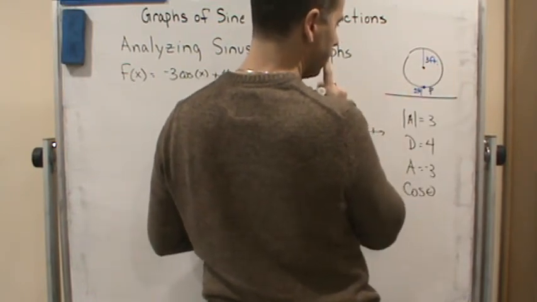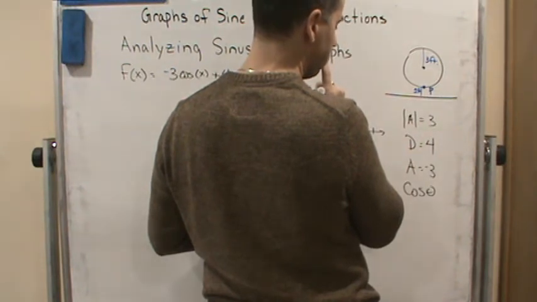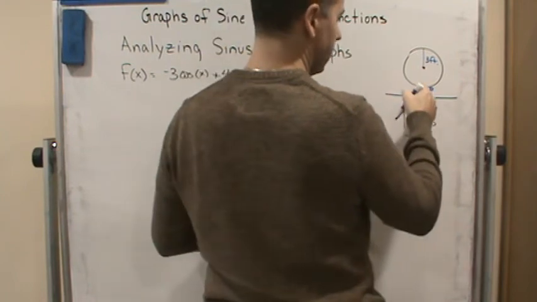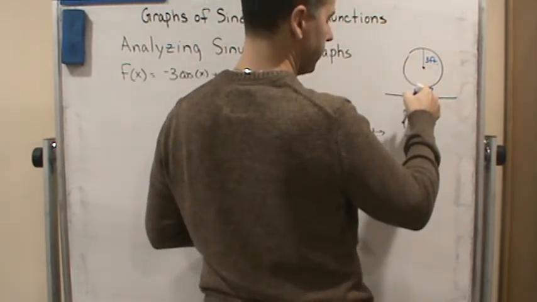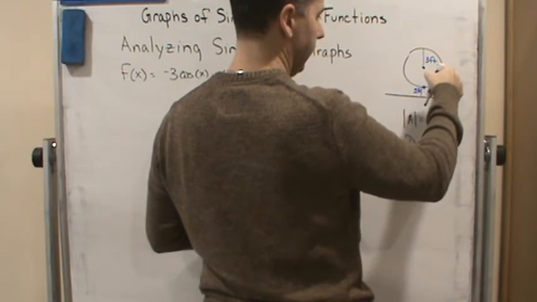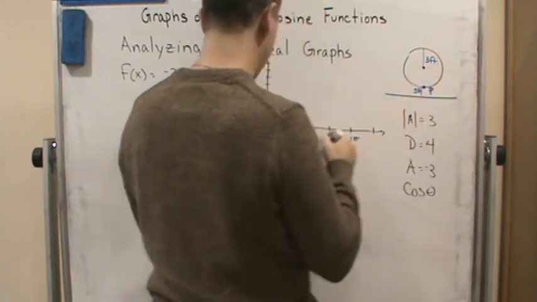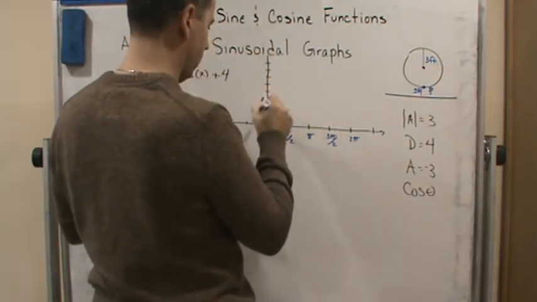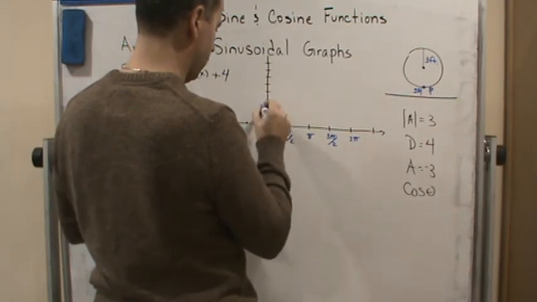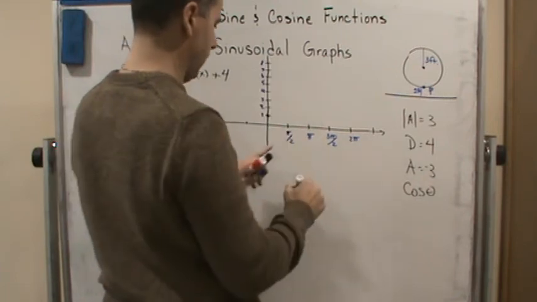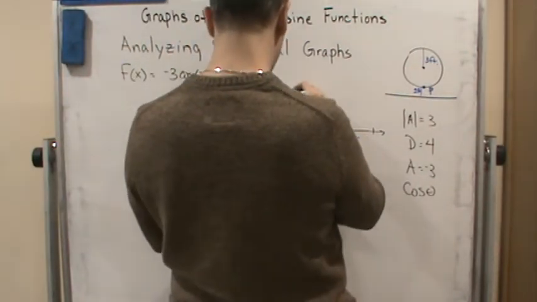It doesn't matter whether it's clockwise or counterclockwise. So if we do counterclockwise, it's going to be rotated to here, which is going to be 4 feet above the ground. So here it's going to be up to 4.